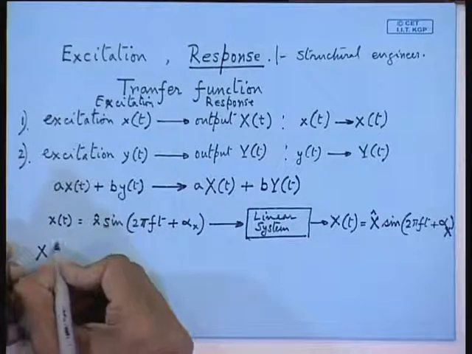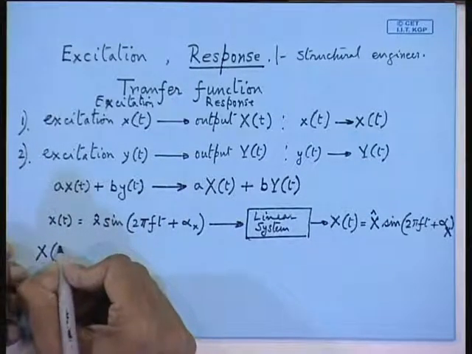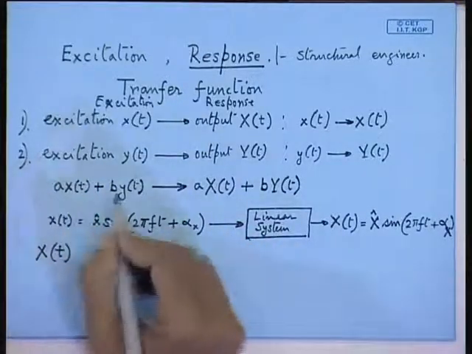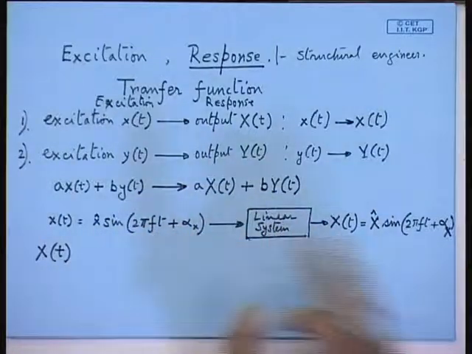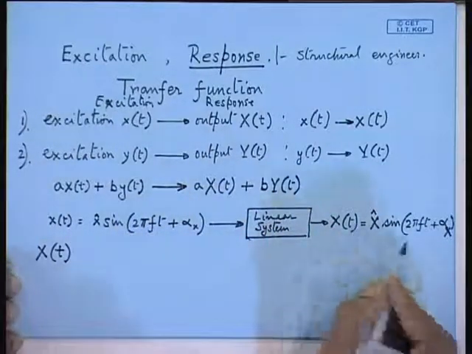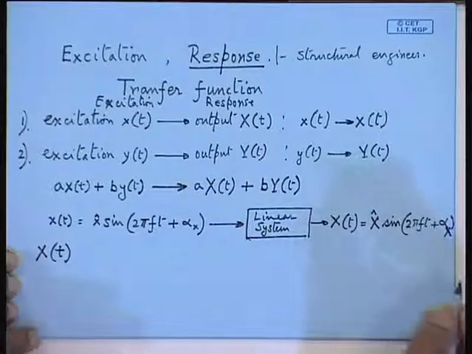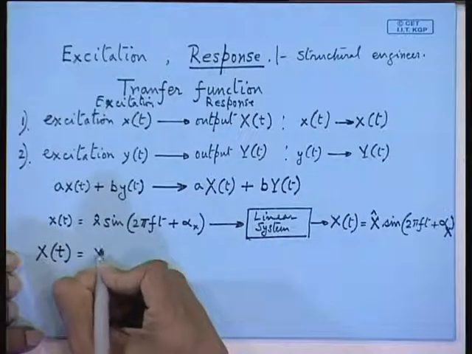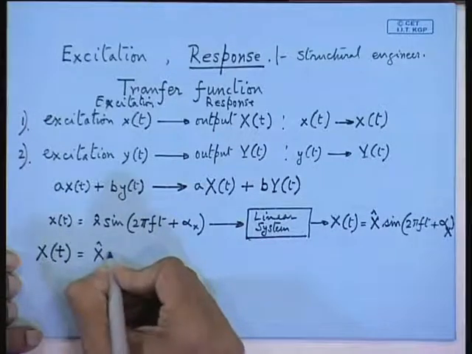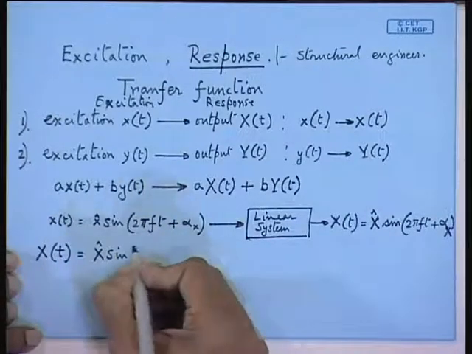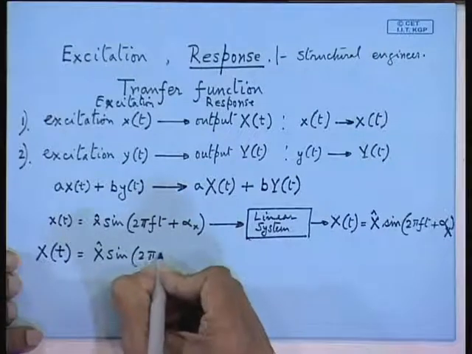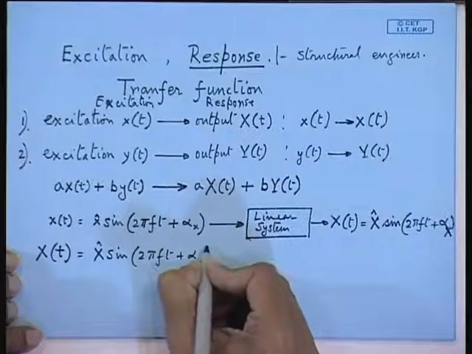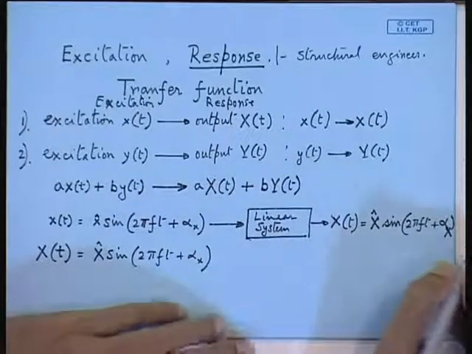So, we are seeing what is happening. A and B are constants which remain the same, but X of t, you see that this X cap is your amplitude. So X of t is this, which I have already written: 2 pi f t plus alpha x. So there is only a difference in amplitude and phase.